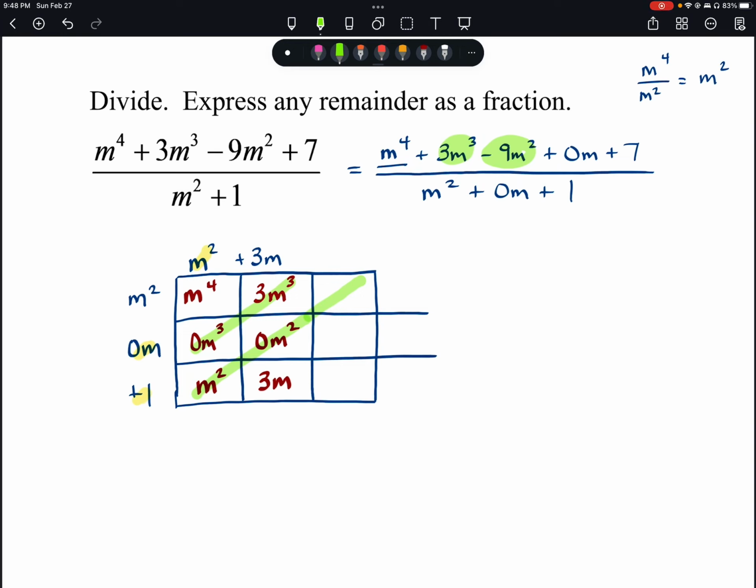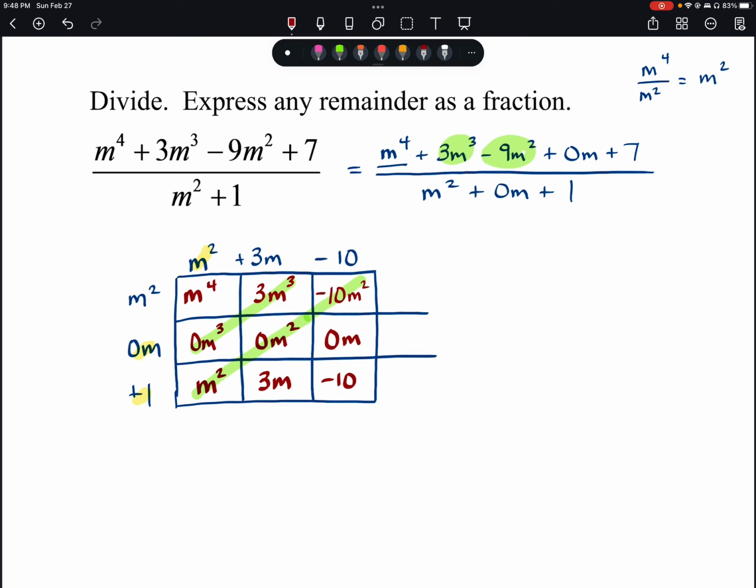That's going to have to end up being a negative 10m squared, which means that the value that we're going to need out here would end up being a negative 10. Then we can do the same thing, distribute it through. We have negative 10 times 0m would be 0m. And then negative 10 times 1 would be negative 10.